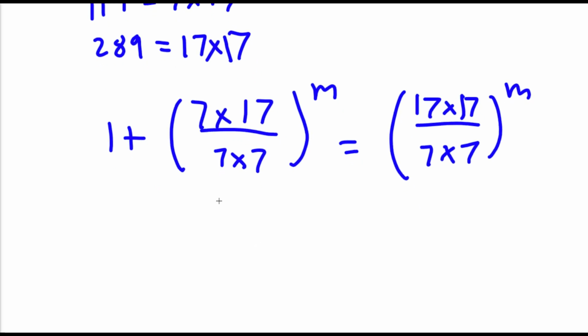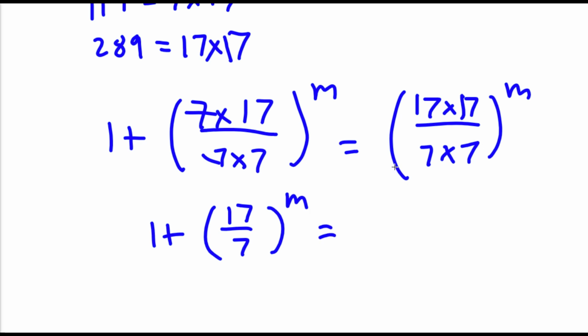So now these two could cancel out, and then I would have 1 plus 17 over 7 to the power of m is equal to, now 17 times 17 is the same thing as 17 squared, and 7 times 7 is the same thing as 7 squared. So I have this to the power of m.